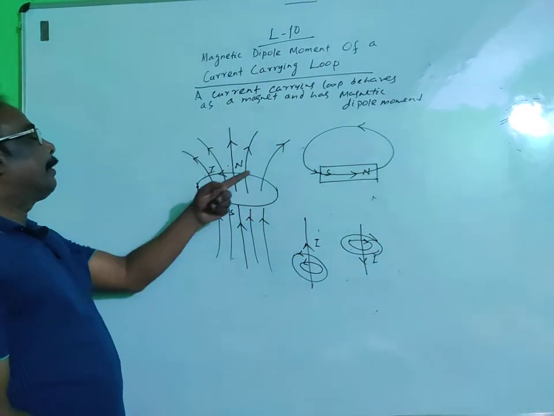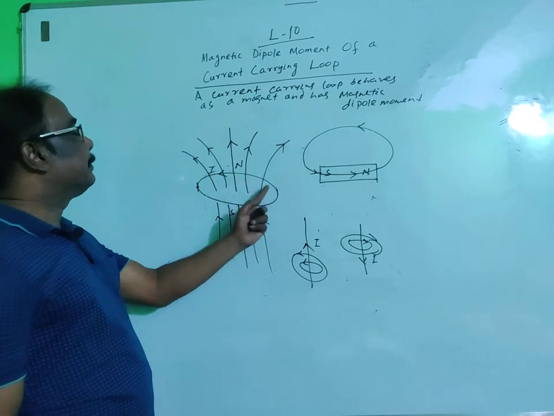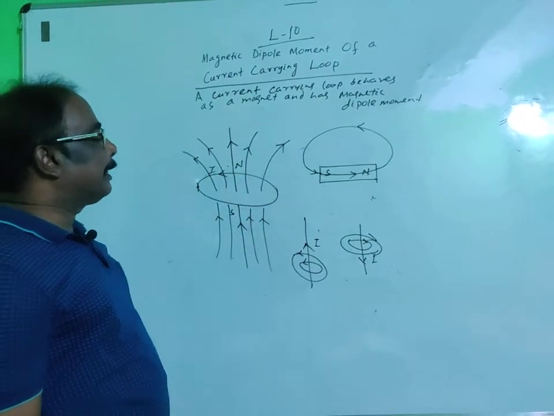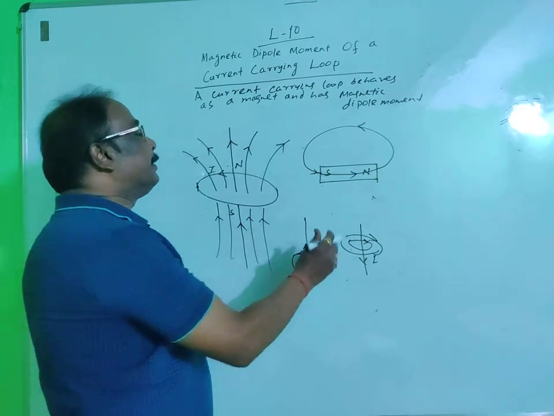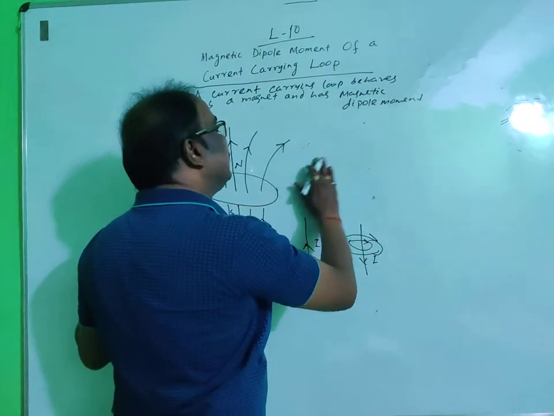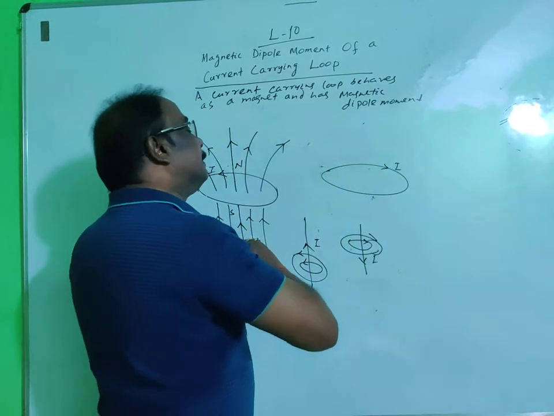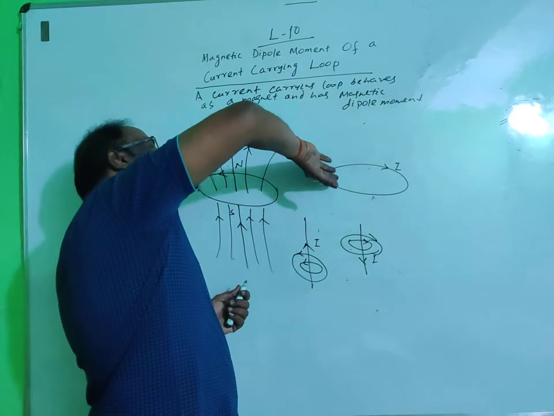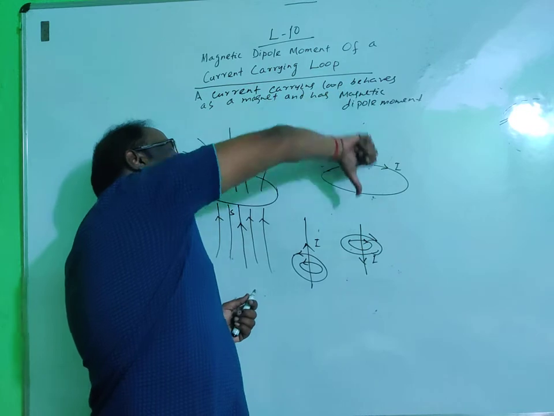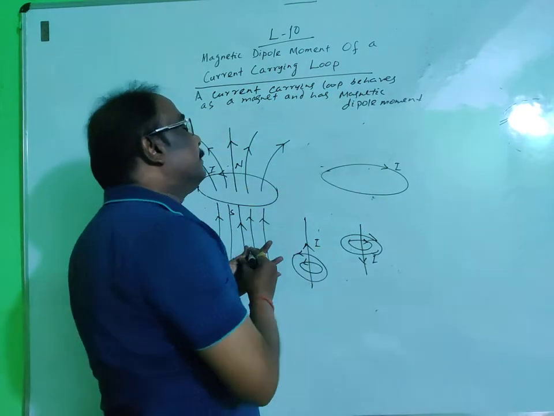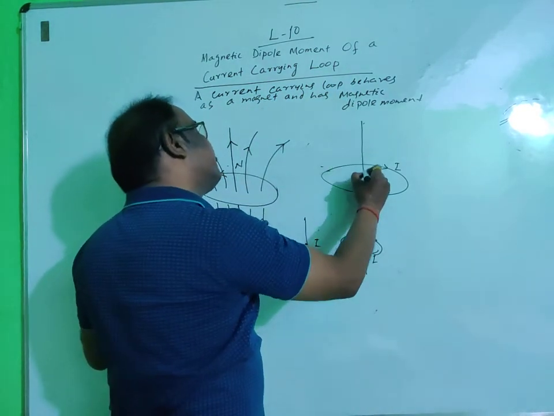Here the current is in anticlockwise order, so we are representing the magnetic field like this. If you take current in clockwise order, then this is the direction of current. Curl your fingers in the direction of current, and this will be the representation of magnetic field.